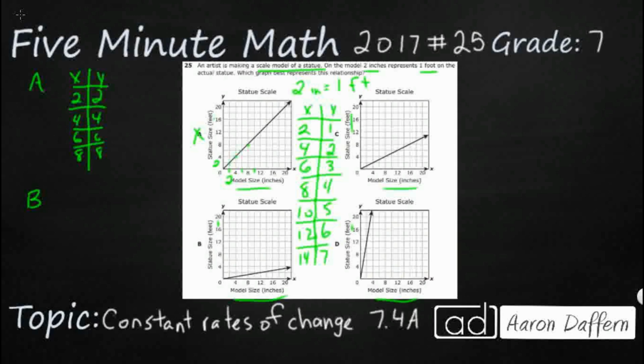Let's check out my x and my y for B. This 2, I'm not sure what that is. That looks a little bit too small for this 1 right here. It looks like it crosses the 2 right there at 12. That's all I know for sure.